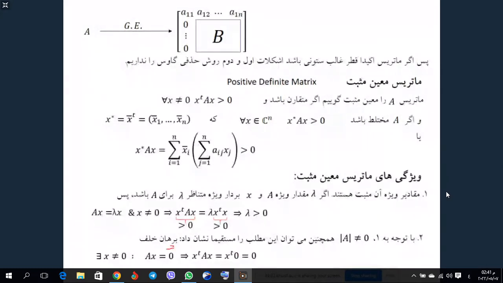It's a vector times a vector, which is a scalar, just a number. So x transpose Ax will be 0. That is a contradiction. So in a positive definite matrix, we don't have determinant equal to 0.